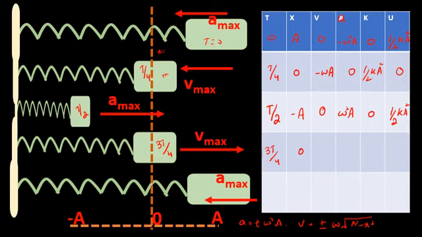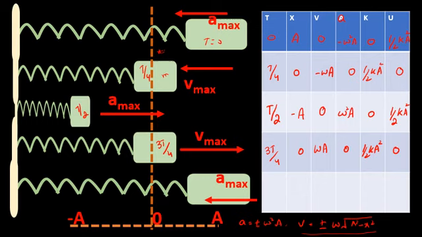Now here the velocity is in the positive x direction, it will be equal to plus omega a. At x is equal to 0, it will be equal to plus omega a from this equation. And acceleration here again at equilibrium position will be equal to 0, and total energy appears as kinetic energy and potential energy.